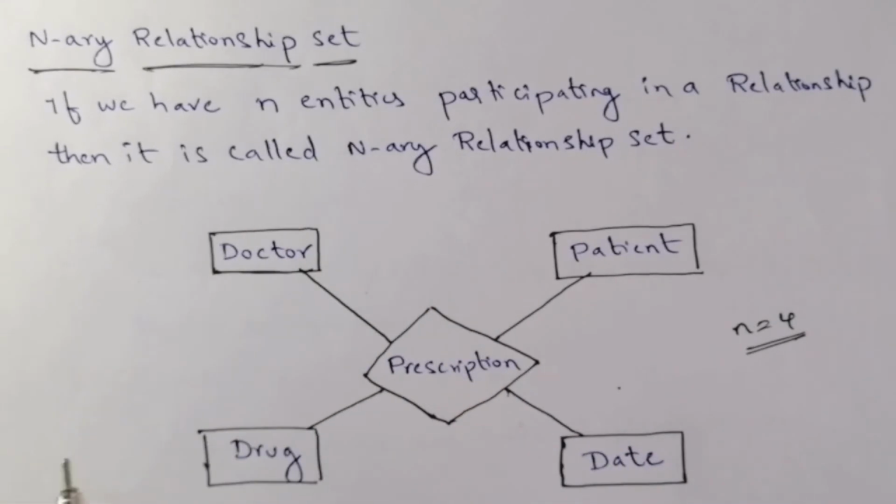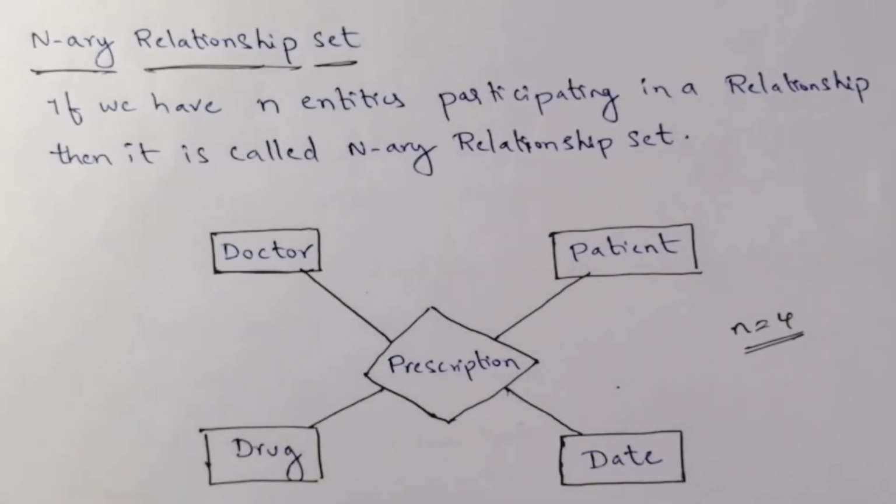See here the example, this particular business case of a hospital. A doctor gives a prescription to a patient, right? When he gives a prescription to the patient, the prescription contains a drug and is also specified by a date.